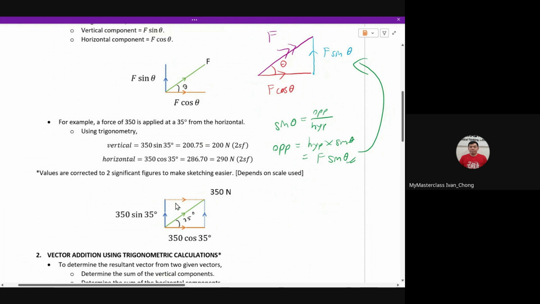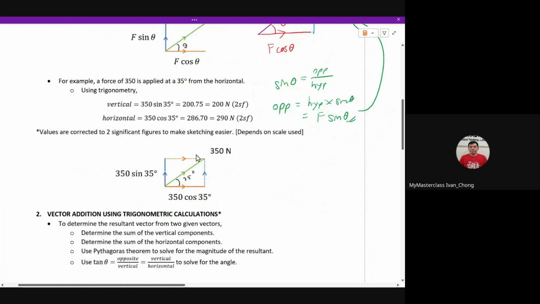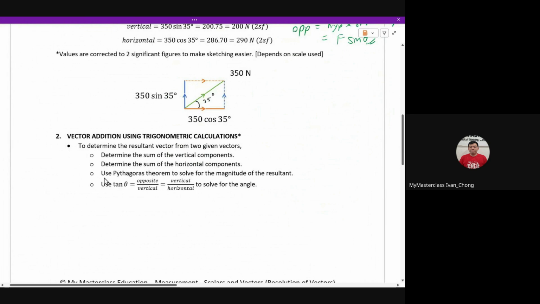So each diagonal vector can be broken down into its vertical component and horizontal component, and we'll make full use of this with our trigo. Each vector is broken down into horizontal and vertical components.